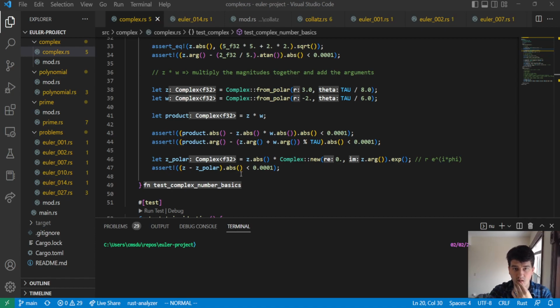And let's go ahead and assert in here, let's say assert equals Eisenstein integer omega times Eisenstein omega should be minus 1 minus 1.